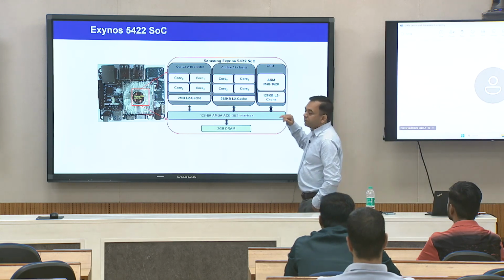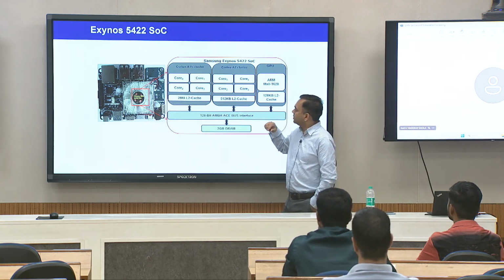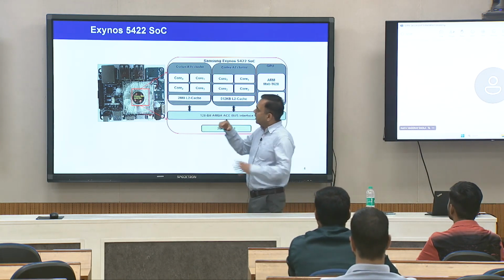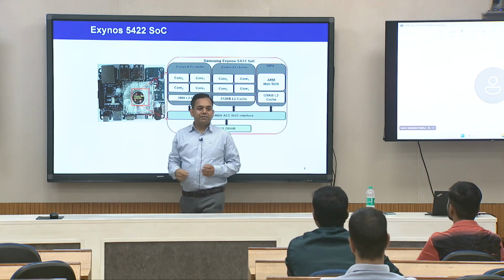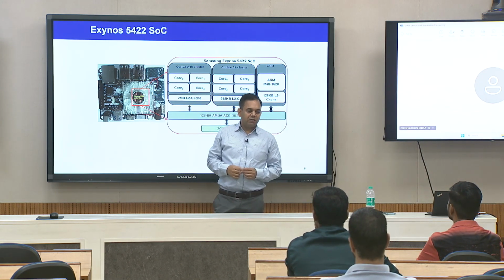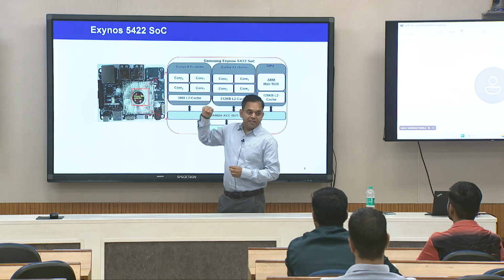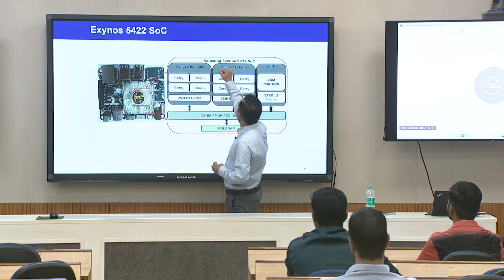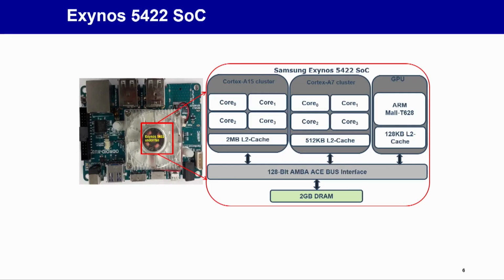So the same chip that was in the Samsung Galaxy S3 mobile phone came with a development board as well. This board is called Odroid, as I said earlier, and the chip name is basically the Samsung Exynos 5422 system on chip.